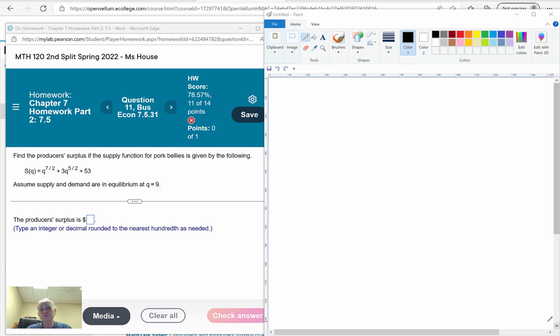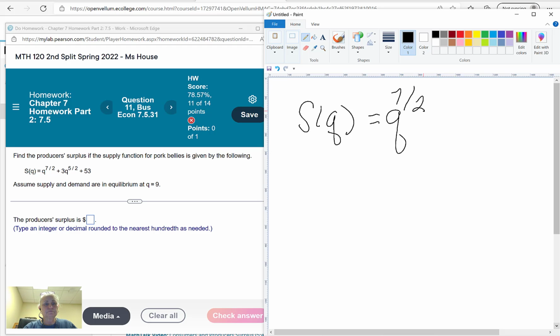We're going to find the producer surplus if the supply function for pork bellies is given by S of Q is Q to the 7/2 plus 3Q to the 5/2 plus 53.